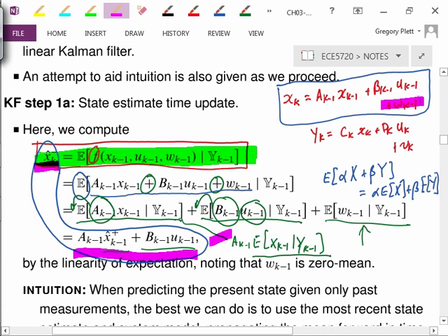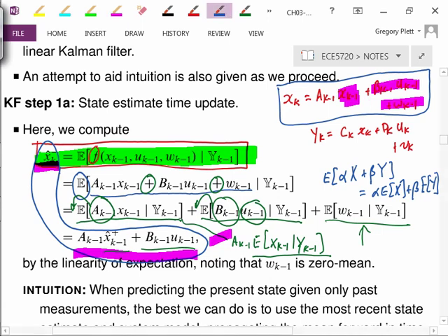That's the most we can assume without actually being able to measure the noise. We say, well, the mean is the most likely value, if you will, or the center. So that's what we will assume there. We measure the inputs, so that part is deterministically propagated through. And my best guess of what state to propagate through the equation to get the present state is the past estimate.